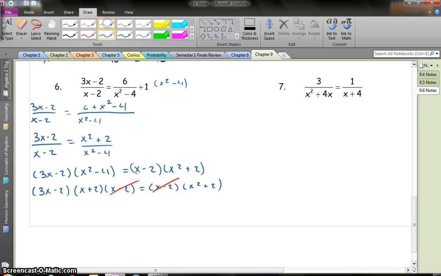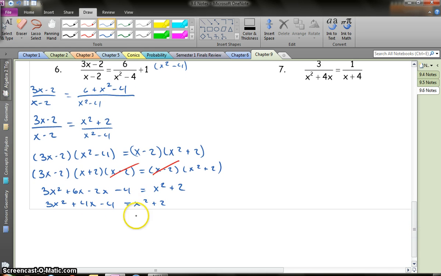So now I'm left with this on the left side, so I can FOIL it out. 3x squared plus 6x minus 2x minus 4 equal to x squared plus 2. All right, so 3x squared plus 4x minus 4 equal to x squared plus 2.